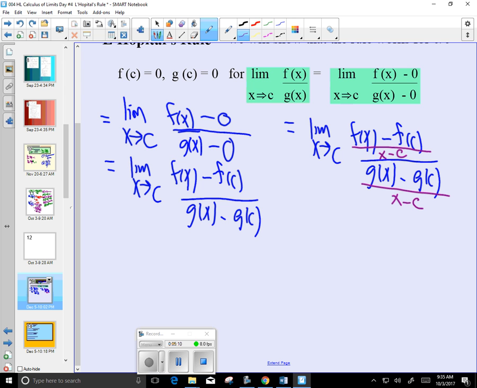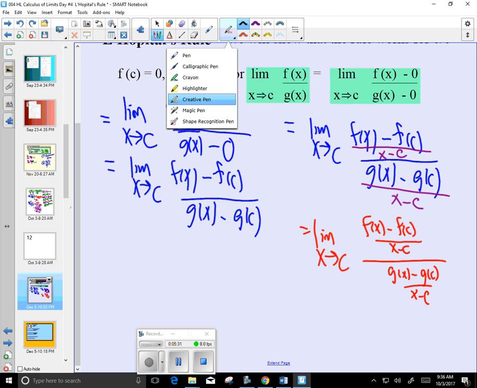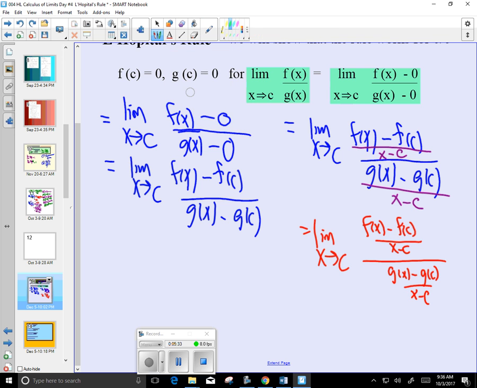So then we'll have the limit as x approaches c, f of x minus f of c over x minus c over g of x minus g of c over x minus c. Whew. What is this? Well, I don't like the crayons. What is this equal to, and what's the yellow equal to as x approaches c? What is that?